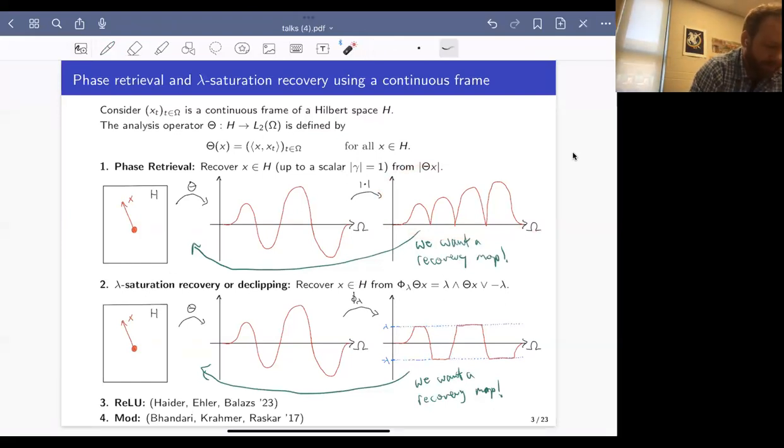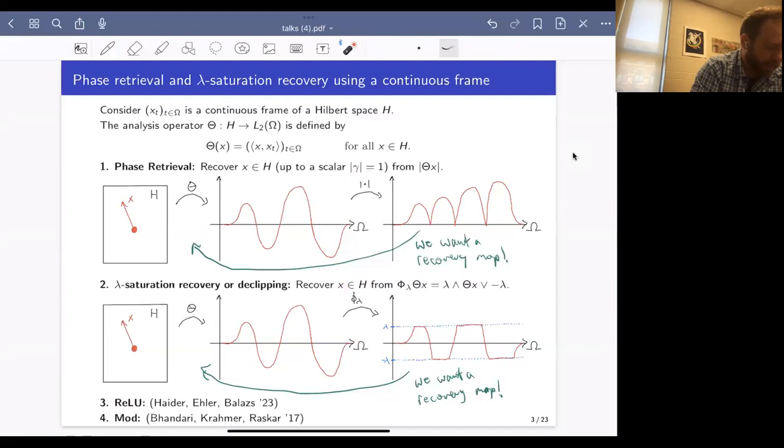And here we have these two nonlinear transforms that we considered in a paper by Daniel Haider, Martin Ehler, and Peter Balazs. They considered the ReLU activation function, which is used in machine learning.